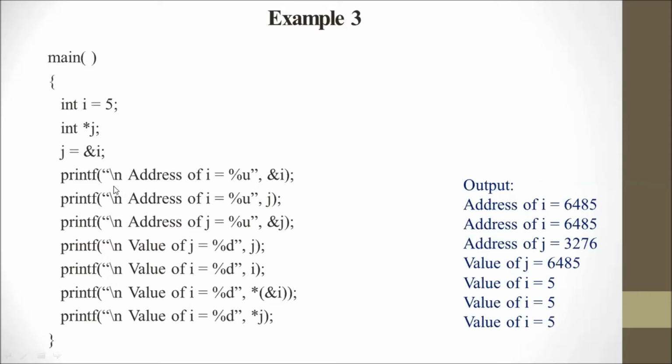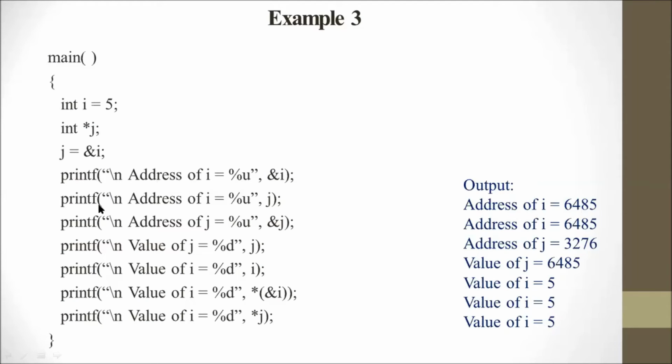In the first statement, printf address of i equal to %u, &i. This first statement will print i's address. We can see in the output the first printf will print i's address.